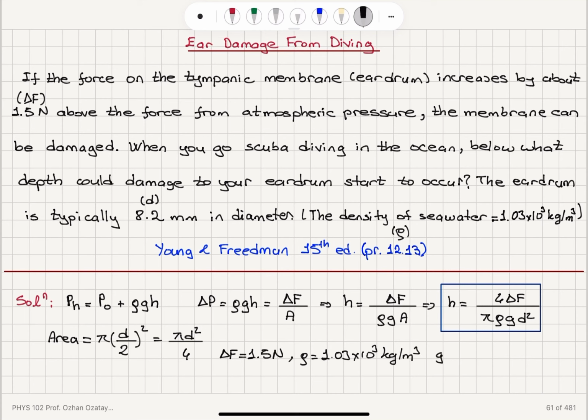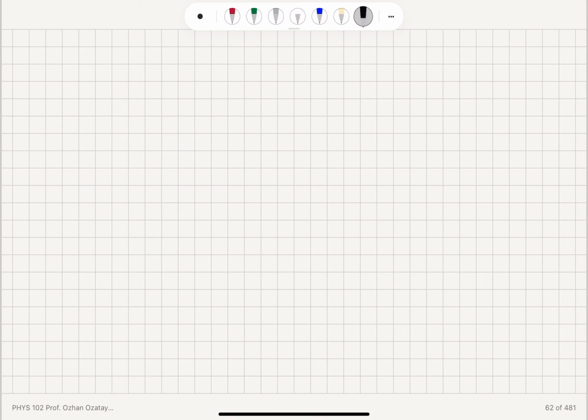The gravitational acceleration is 9.8 meters per second squared, and the diameter of the eardrum is 8.2 × 10^-3 meters, so it was 8.2 millimeters. We can substitute these numbers to calculate the depth where this damage will occur.